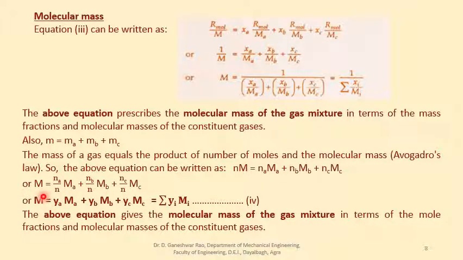So M, that is the molecular mass of the mixture, will be equal to (NA/N) MA + (NB/N) MB + (NC/N) MC, that is YAMA + YBMB + YCMC, right? Mole fraction multiplied by the molecular mass.